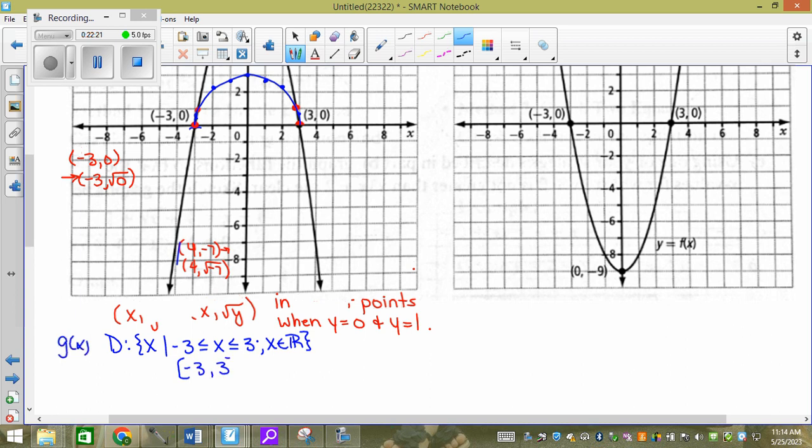Yeah, because it's on that point. You can take the square root of 0. And then what's the range of this one? In set notation, we're between 0 and 3.